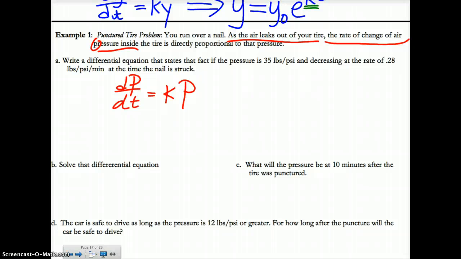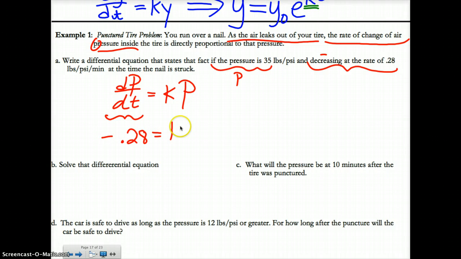Then it states that the pressure, which is P, is 35 pounds per square inch and is decreasing at a rate of 0.28, which basically means they're giving me negative 0.28, and they're telling me that the pressure is 35 pounds at that time.